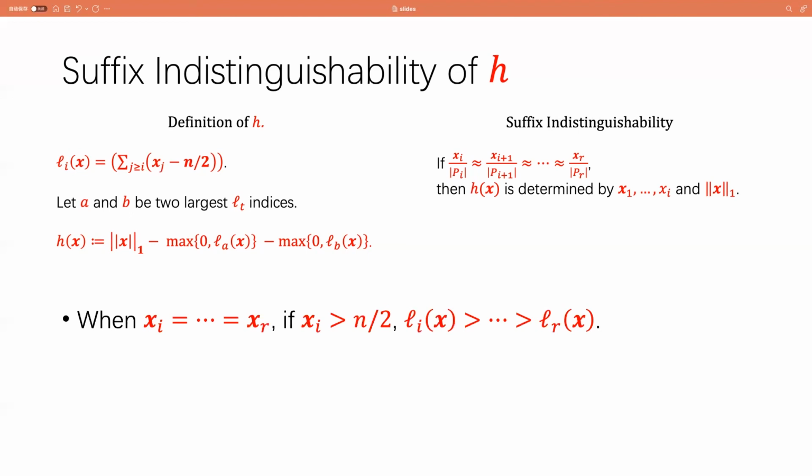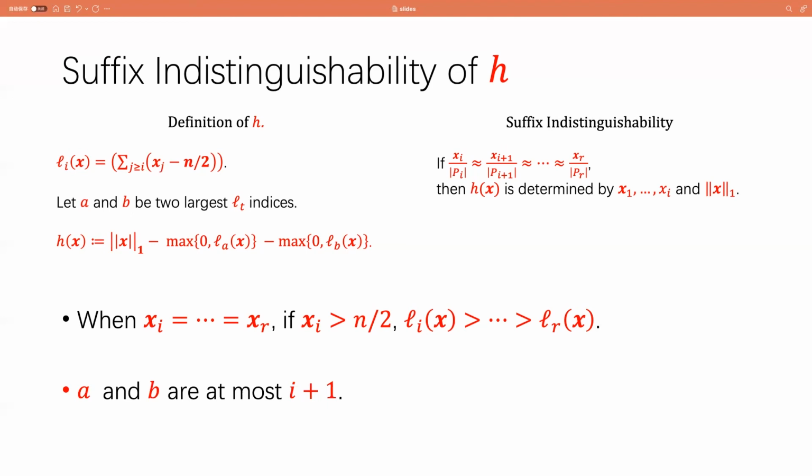Now for simplicity, suppose x_i to x_r are all the same. Then we consider two cases. If they are all larger than n'/2, then we have L_i(x) larger than L_{i+1}(x) larger than all the way to L_r(x). So by definition of A and B, they are at most i and i+1, since they are the largest among the indices that are at least i.